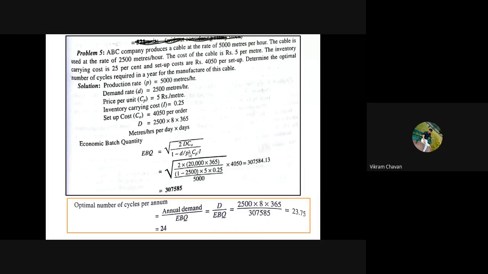Economic batch quantity. So annual demand divided by economic batch quantity, where annual demand is 2500 multiplied by 8 multiplied by 365. 2500 meters of cable is consumed in 1 hour. If the shift time is 8 hours, then the consumption in a day will be 2500 multiplied by 8.